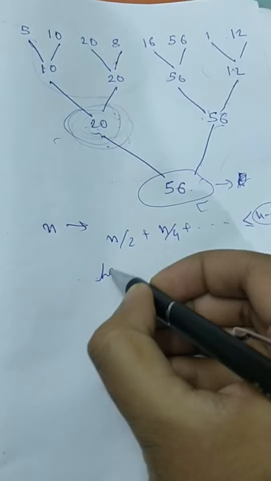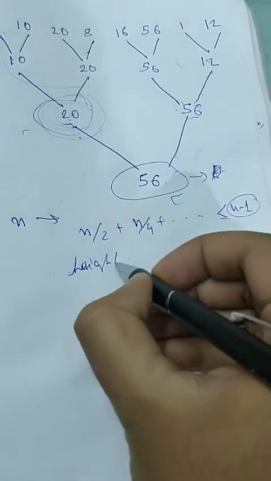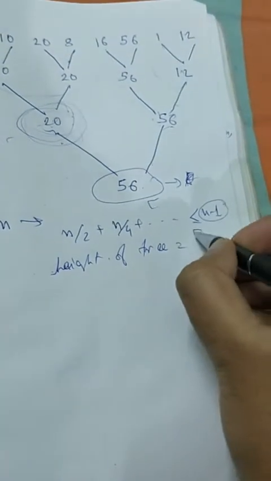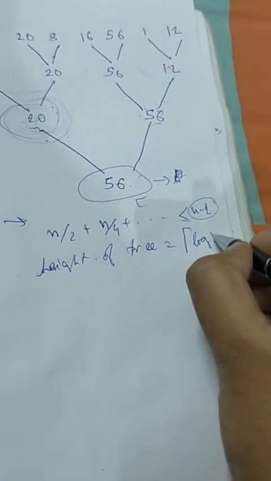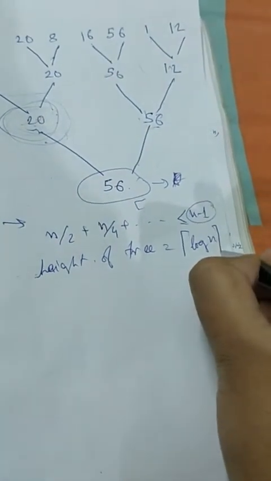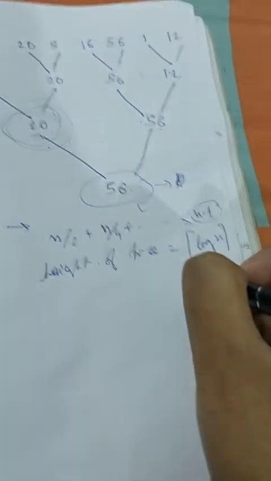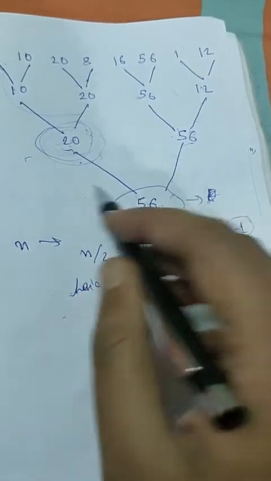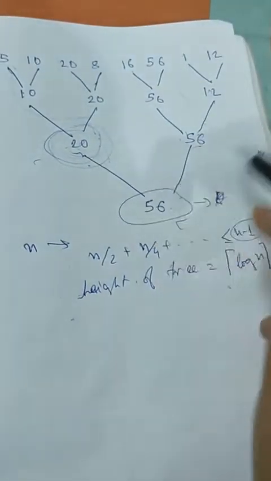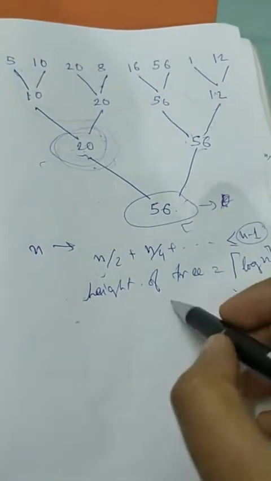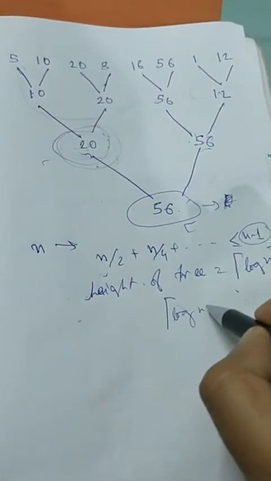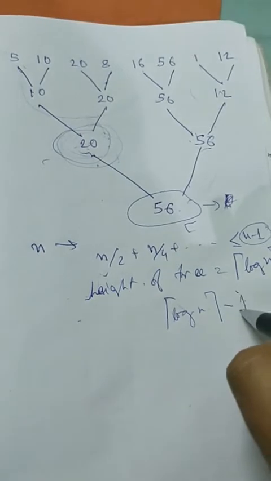The height of the tree is ceiling of log n. The number of comparisons to find the maximum among these numbers is again linear time, so order of log n, ceiling of log n minus 1.